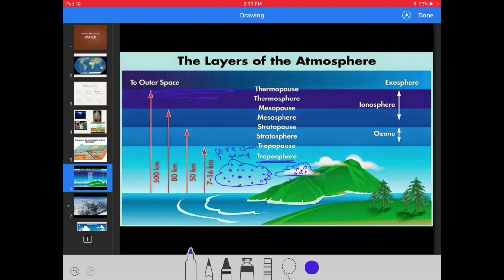As you look further down in the atmosphere, sometimes we see water in the liquid state in our oceans, lakes, and rivers, or in the solid state, like if this mountain here had an ice cap on it, and we call those our glaciers.